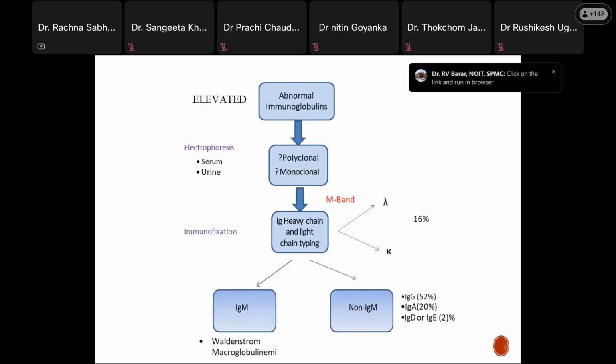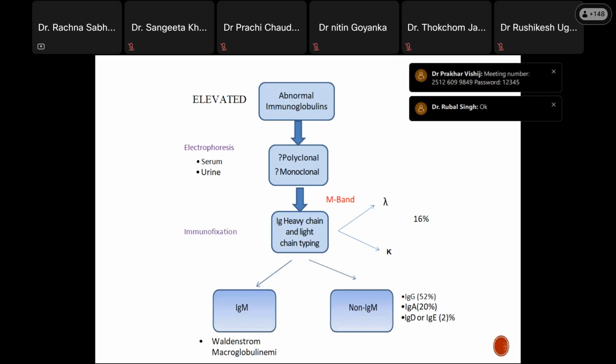With immunofixation, we can segregate between heavy chain and light chain typing. If it is heavy chain, it is mainly IgM or non-IgM. So IgM type is because of Waldenstrom's macroglobulinemia, and non-IgM type is mainly because of IgG.